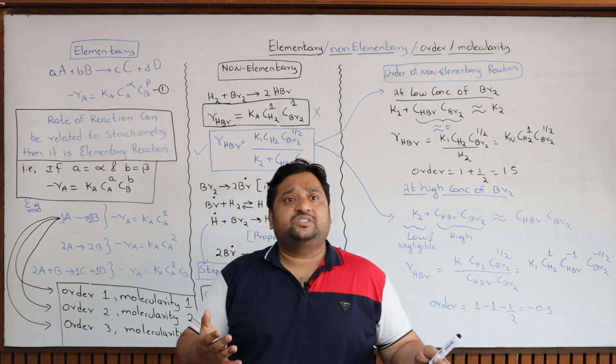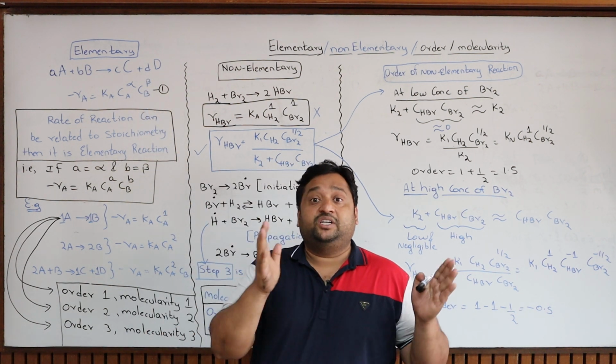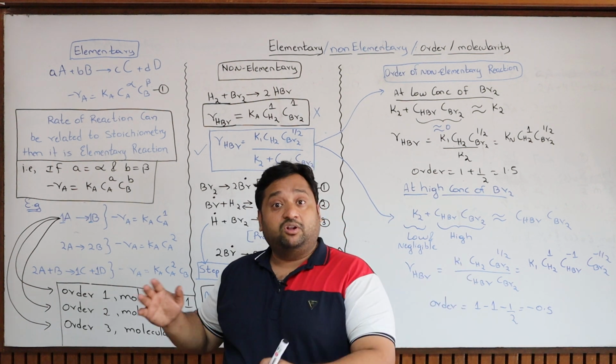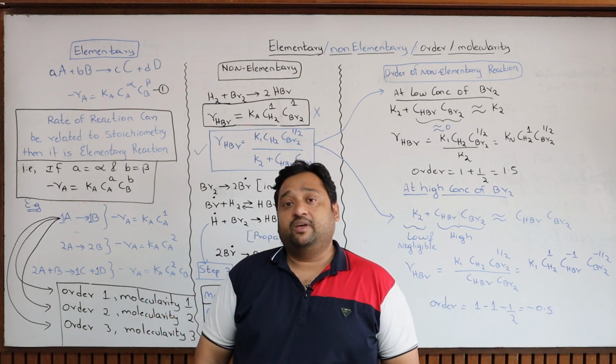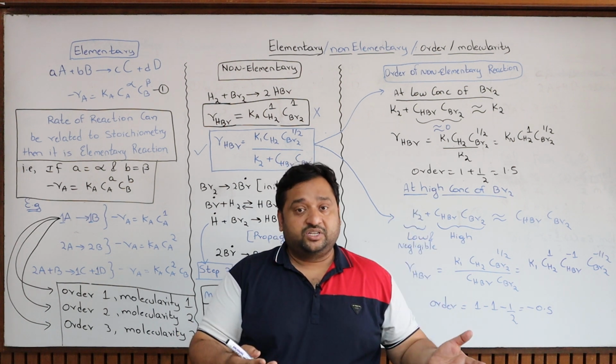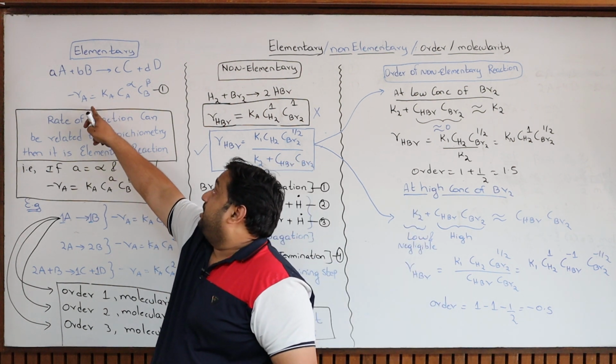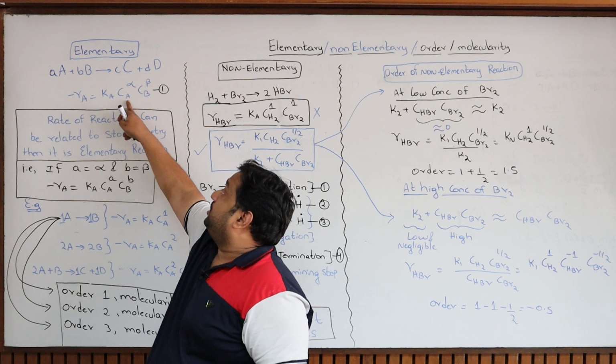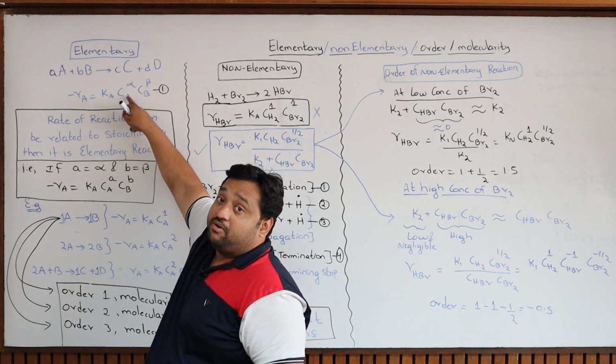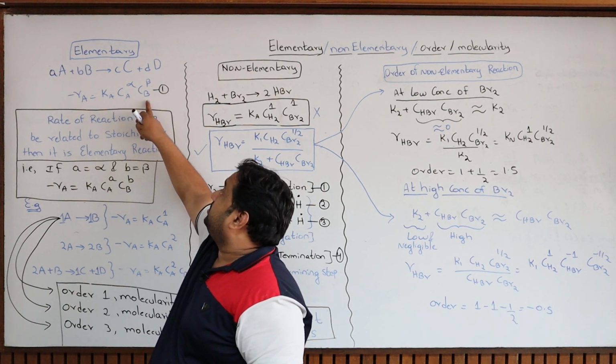So, the rate of reaction generally depends on the concentrations of the reactants or the products. Rate is directly proportional to concentration of A power alpha and concentration of B power beta.